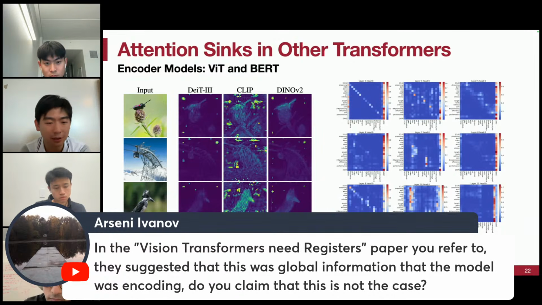It cannot see later tokens, so it definitely cannot be some global information puller or intermediate register. So for different models, they may have different functionalities. But I think the most interesting part here is how attention sinks emerge. Maybe it's not because the model wanted to serve as a global information store, but because the model needs some way to not let the softmax distribution sum up to 1.